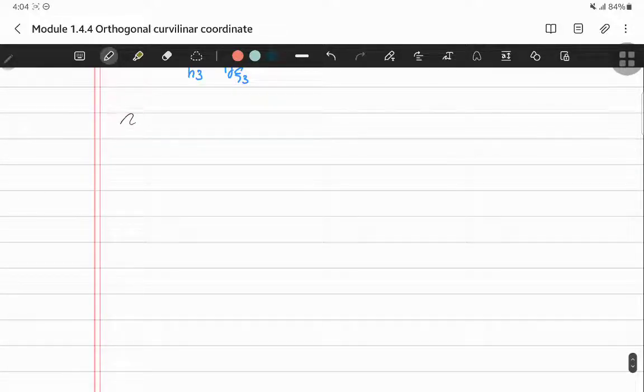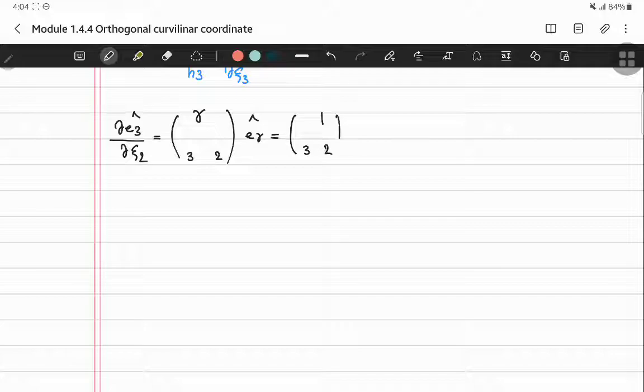So we have also partial derivative of E3 with respect to Z2. So we have gamma 3, 2, E gamma, which is equal to Γ¹₃₂ E1 plus Γ²₃₂ E2 plus Γ³₃₂ E3.